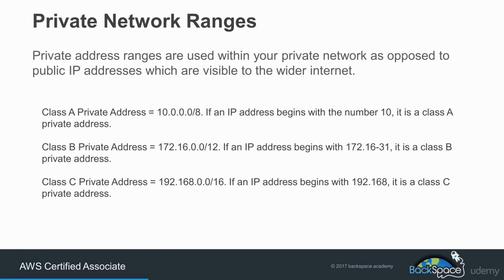So we have class A, B, and C. Class A starts with 10, class B starts with 172.16 and ranges from 16 to 31, and then we have class C, which is 192.168. So they are the private network ranges, and they're the network ranges that we would use inside our VPC, or our VPC would use.